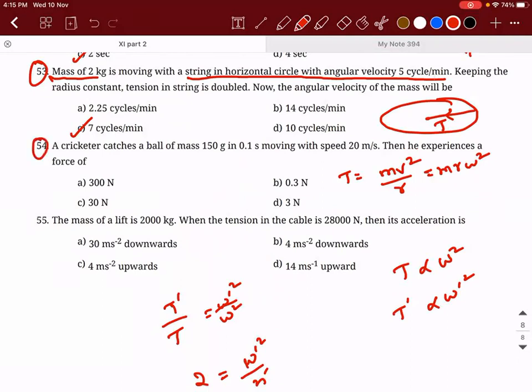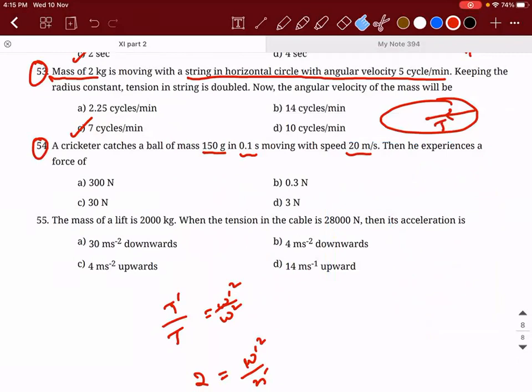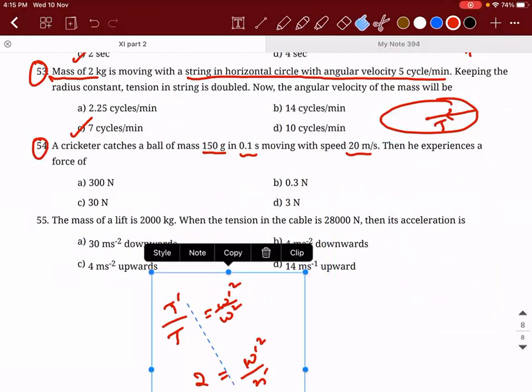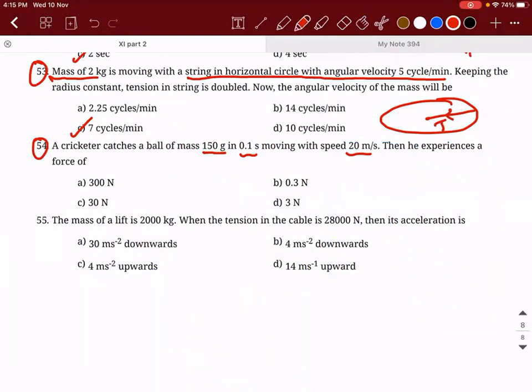There is a cricketer who catches a 150-gram ball in 0.1 seconds, moving with a speed of 20 meters per second. Then he experiences a force of how much value? So how much is the force experienced by him?